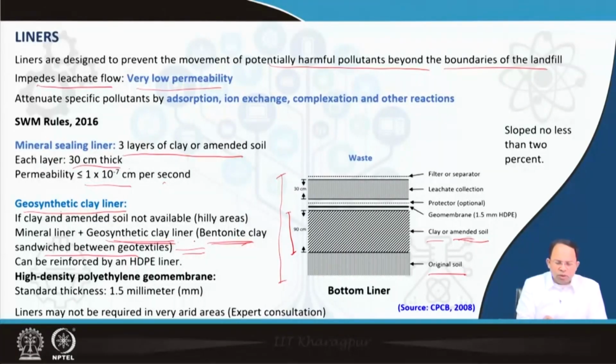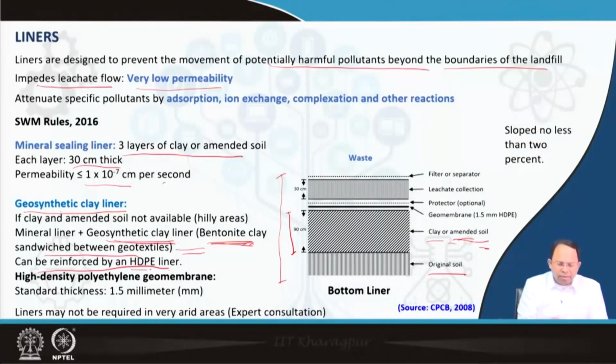Sometimes the geosynthetic liners along with some amended soil, that is using bentonite clay, we can create a sandwich layer in between, which can prevent movement of leachate. Along with that, we can reinforce this entire system. So either we go with soil, or amended soil, or with geosynthetic liner. Along with that, we can also put a plastic layer, right?